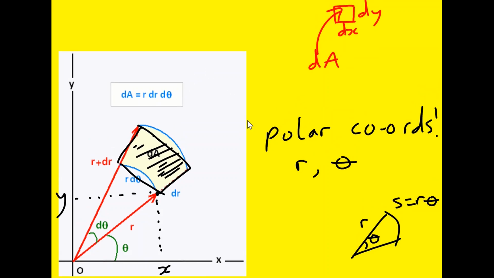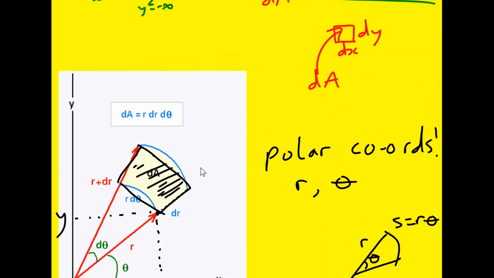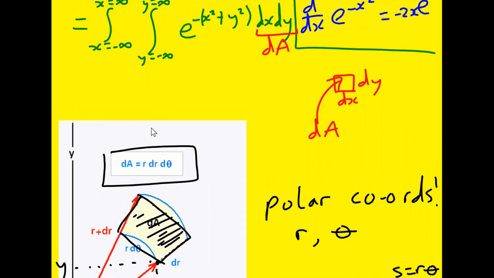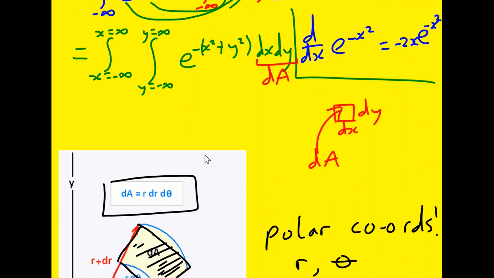Now that was probably the least rigorous bit of this calculation, but this is fact, and there are more rigorous ways of proving it, but that's not for here. All I'm asking you to do is believe me, and then we can write down our next step. Now I'm changing my coordinate system, so if I want to include all of space, I need to go not from r as minus infinity, because r can never be negative.